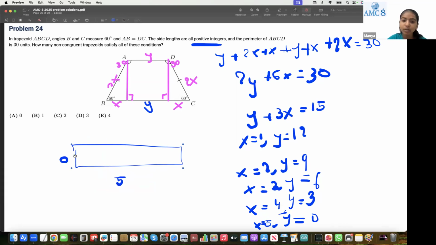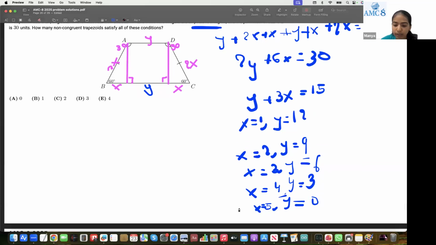No, because this side would not be existing at all if the side length would be 0. It has to be a length and a width for 2D. For 3D, it has to be length, width, and height. So this cannot work. The last scenario cannot work, meaning that there's only 4 possible ways that it can work, and our answer is E.